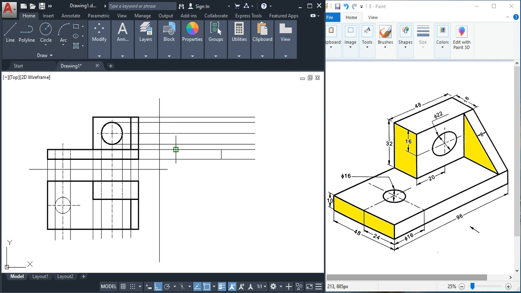Here we have taken a projection line, so directly you can draw a vertical line up to this height, and 18 we can draw here, and you can come down up to here, and we'll draw this triangle here directly.